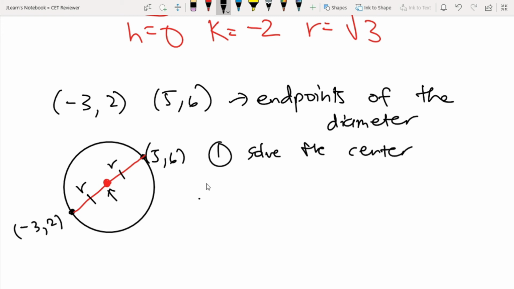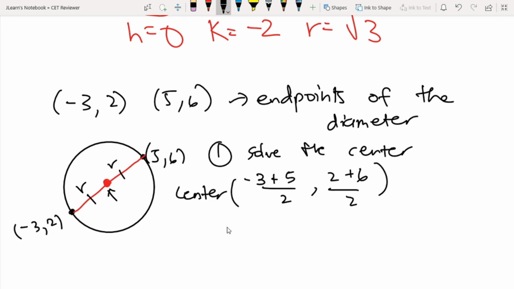It's just the sum nung x coordinates divided by 2 and the sum of the y coordinates divided by 2. So that will be -3 plus 5 all over 2, comma, 2 plus 6 all over 2. So ito yung midpoint. And ito actually yung center. So the center is at 1, 4.